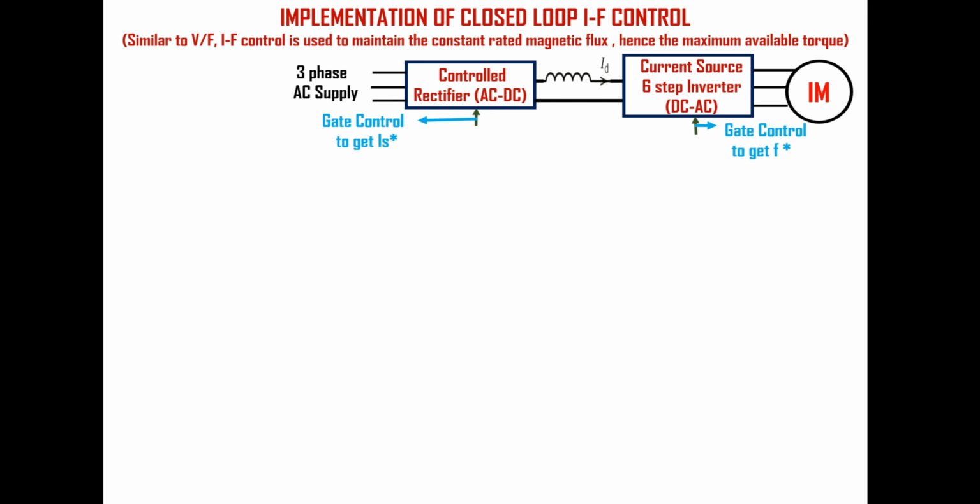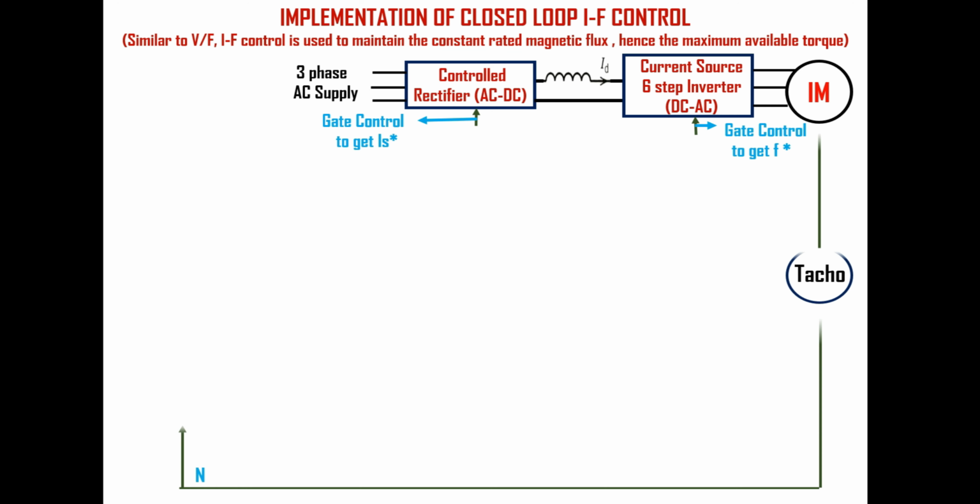Closed loop system is used to have a precise speed control. So, the first step is to measure the actual rotor speed n using a speed sensor. The desired rotor speed n star we want will be compared with the actual rotor speed n in the error generator. The output of the error generator will be n star minus n.